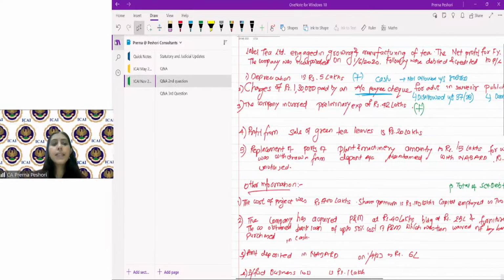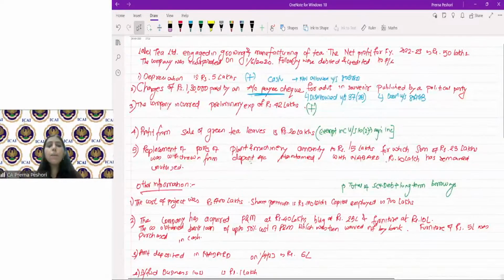This will get exempt because, yes, Kaushiki, Janvi, correct, this is the exempt income under section 10(2), because this is the agricultural income. Fine?